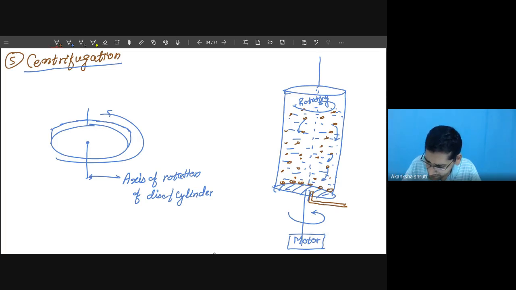And while it is coming to this hole, it will come out, and this can be collected anywhere. Student, so there is a collection mechanism here. Let me draw it properly. So there is a collection mechanism.